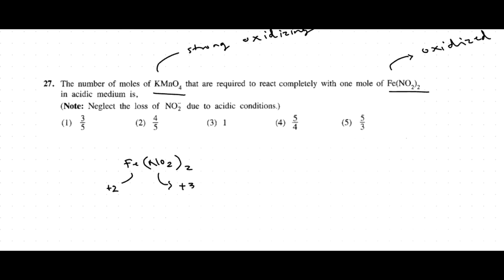So when it oxidizes, both the ferrous and nitrite get oxidized. So the ferrous is oxidized into ferric, which has the oxidation number of +3, and the nitrite oxidizes into nitrate, which has the oxidation state of +5.